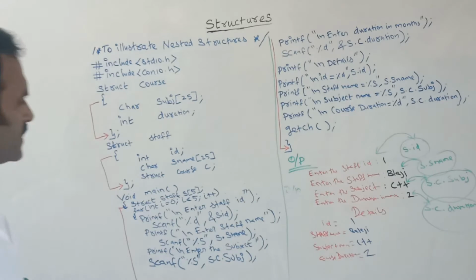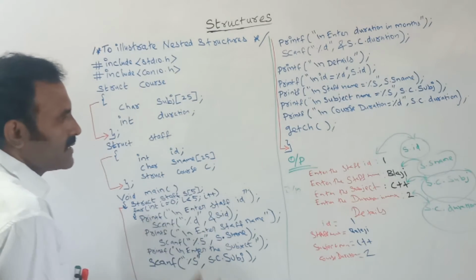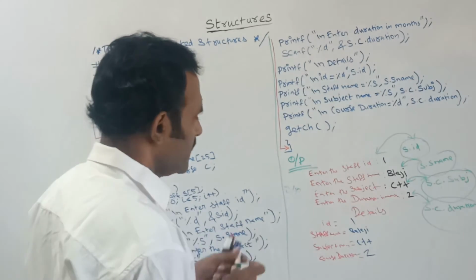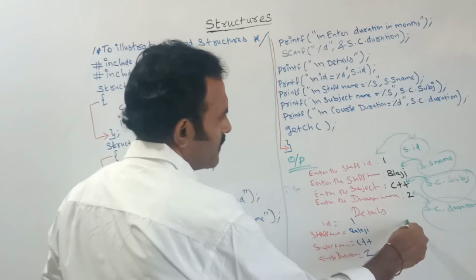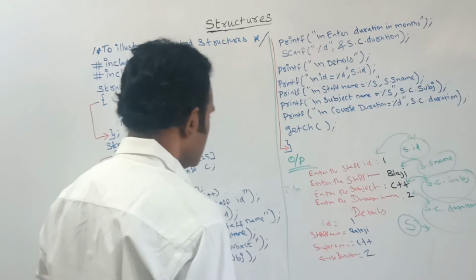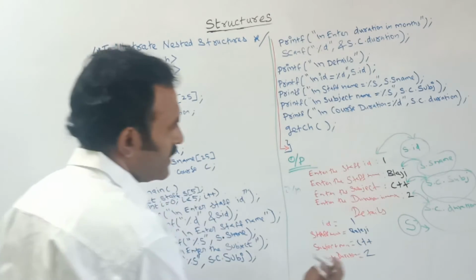Normally, if we create the variable as s, then it occupies only a single record. Here I am talking about 5 records, so s of 5.